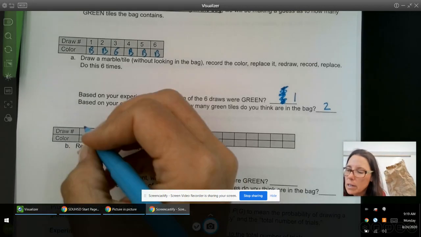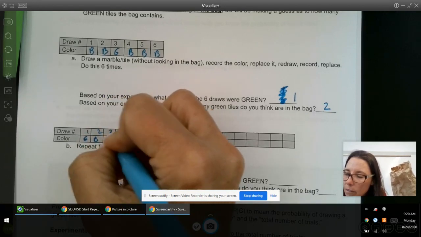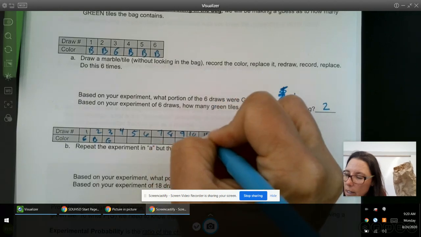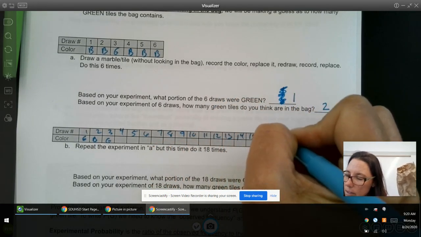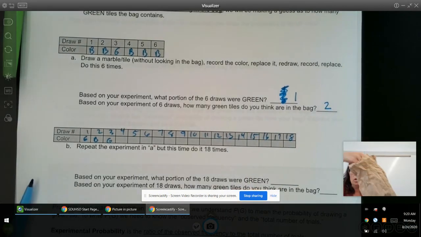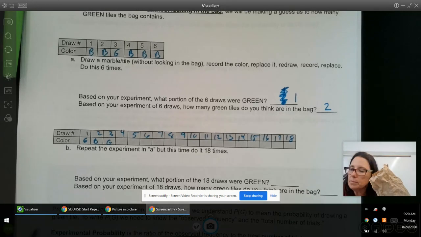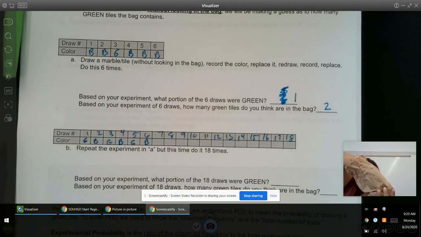Green, blue, green. 1, 2, 3, up to 18. Okay, do 3 more. Blue. Green. Blue, green, blue. 3 more.